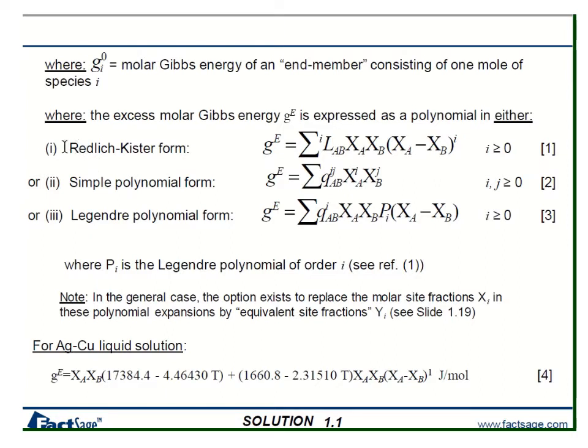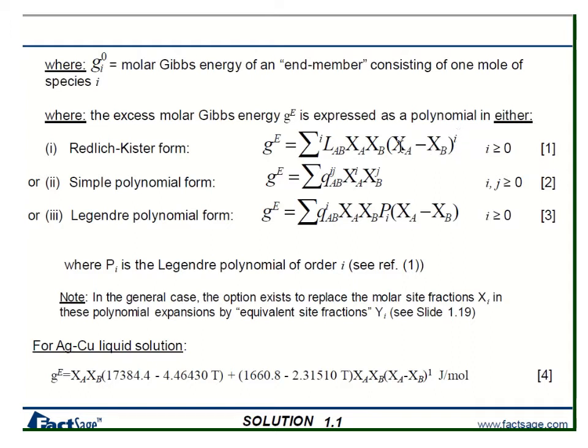But we can also use the so-called Redlich-Kister type of polynomial function, which is typically expressed this way. The excess parameter is L_AB, a parameter that is a function of temperature, and by default we multiply by XA XB to the power 1, 1, and then by XA minus XB to the power i, where i can be 0 or higher.